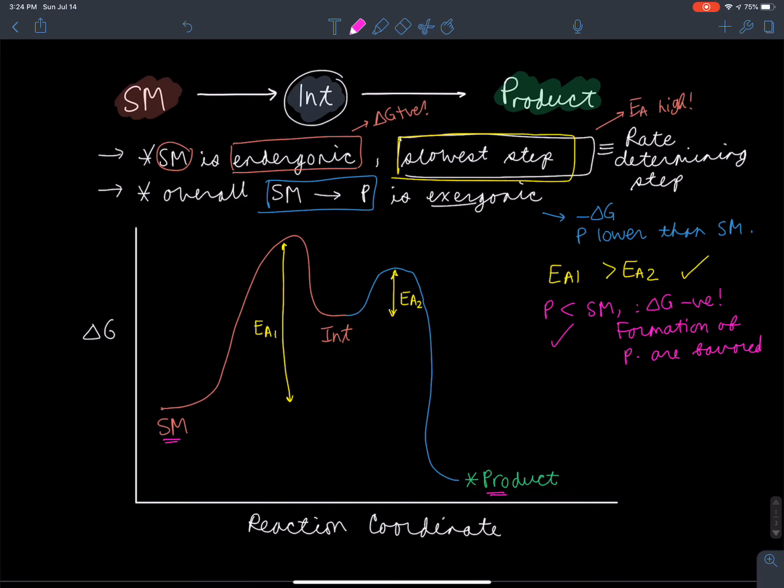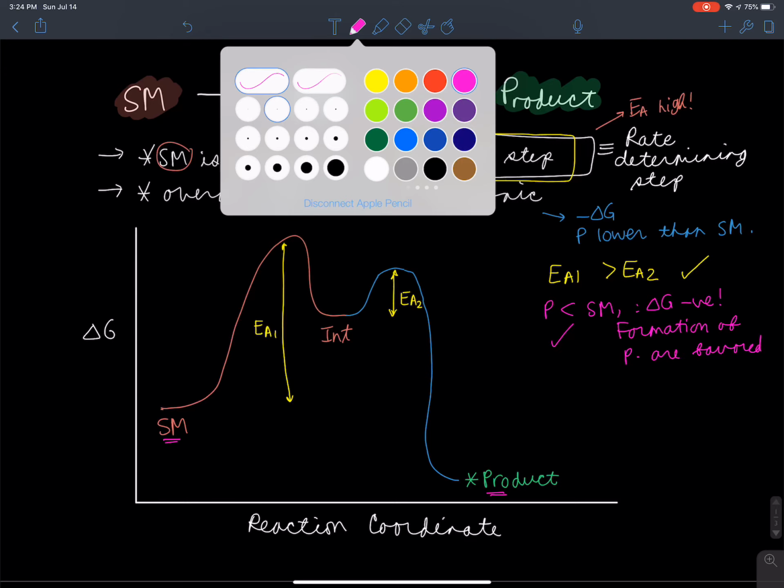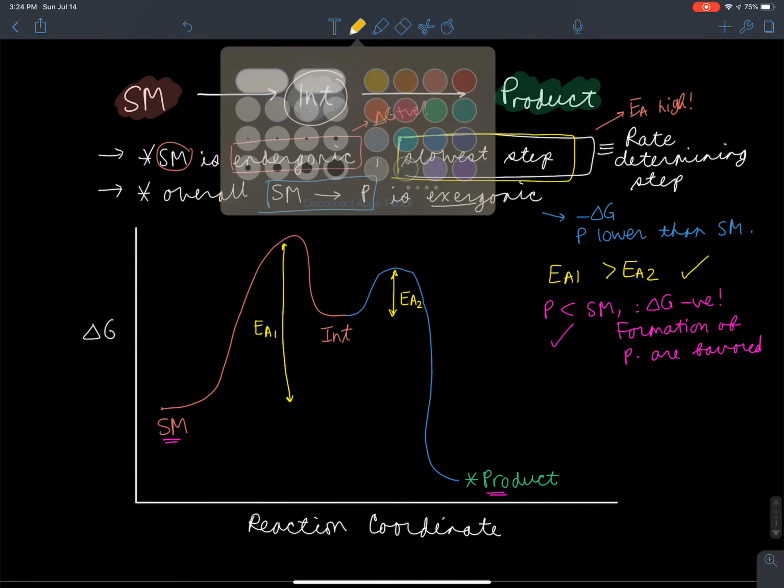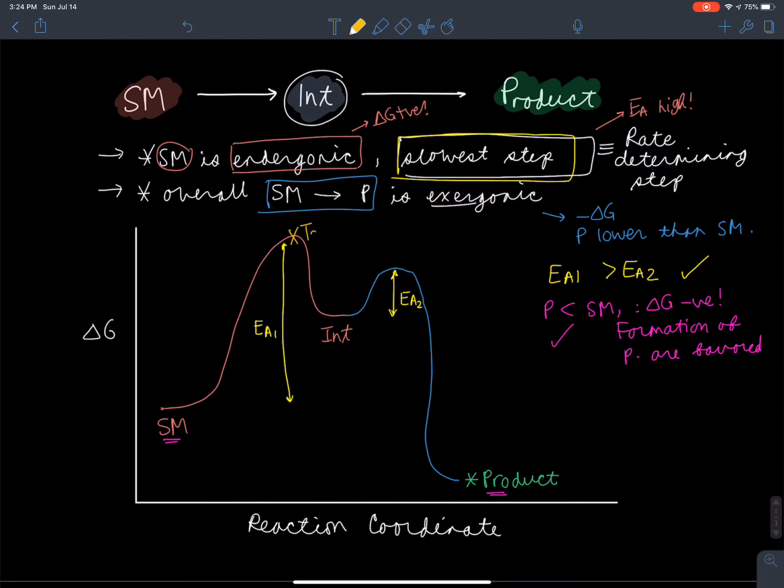Okay, all that's left to do right now is to label your transition states, which are always going to be the top part of the graphs. So right here is going to be transition state 1, and right here is going to be transition state 2. Okay, and with that, you are going to get full credit for this question on the exam.